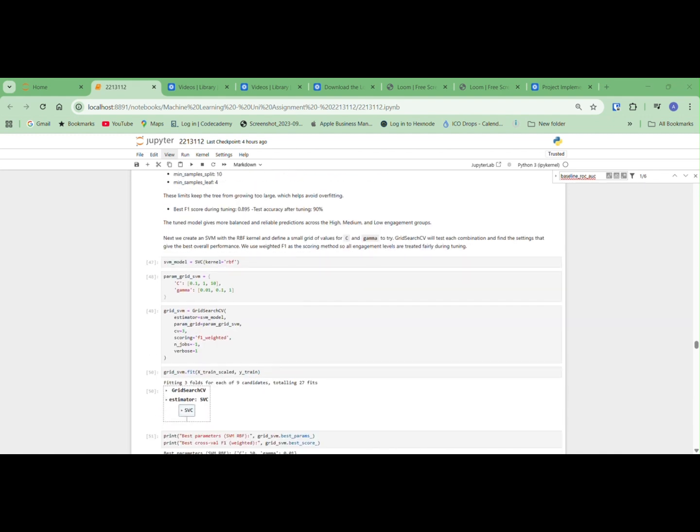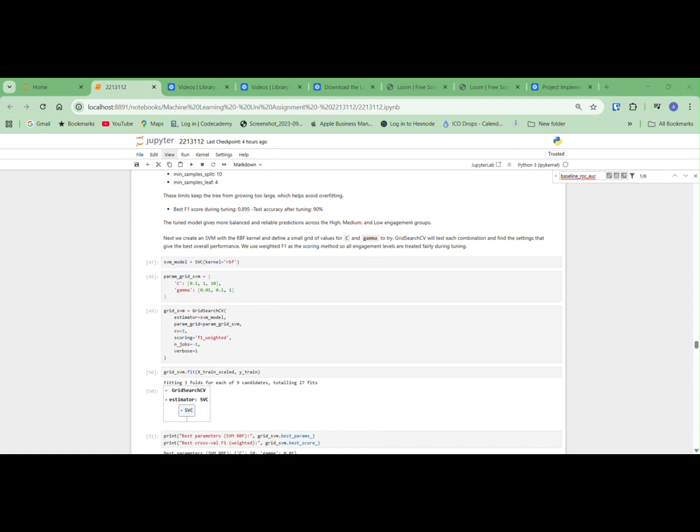Next, we follow the same process with an SVM model using the RBF kernel. The attribute C controls how strict the model is with misclassification, and gamma controls how far the influence of a single point reaches.